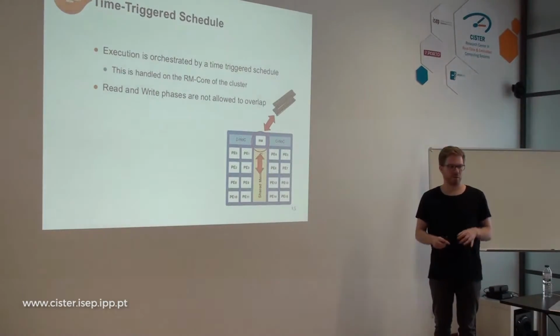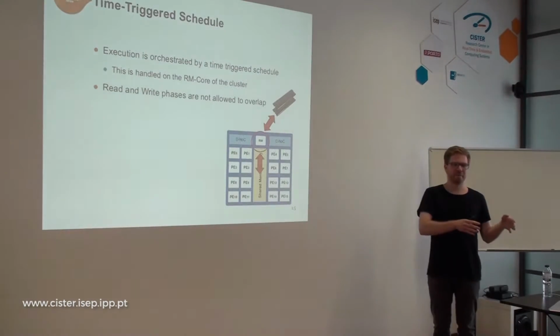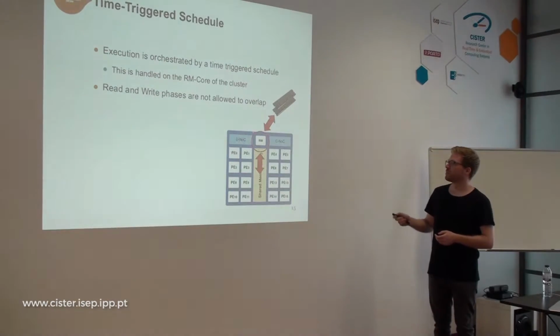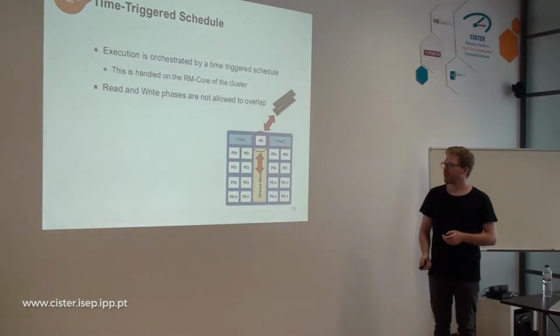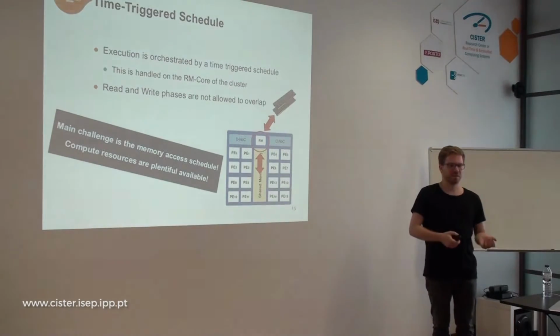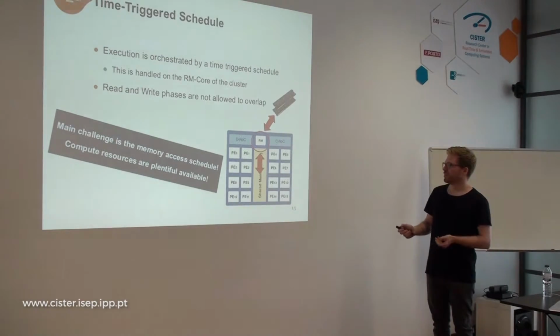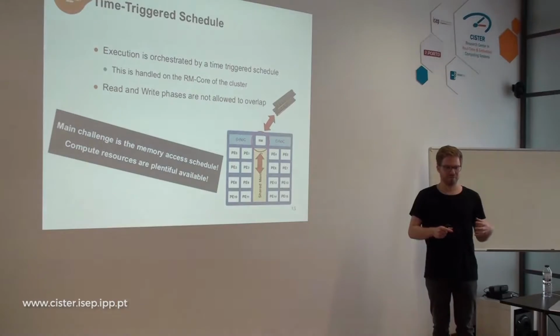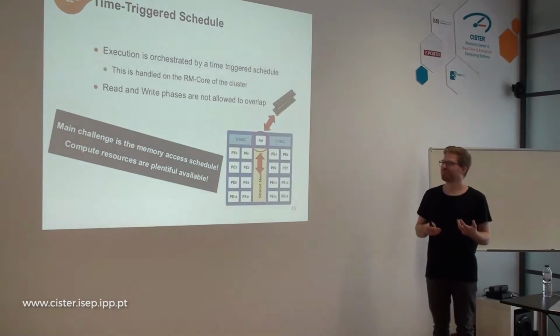So all this copying of labels from the global label bank to the private bank, and copying the code from off-chip to on-chip, is organized by this resource management core. And this is done because the main challenge is the memory access and not the execution, since the cores are plentifully available, whereas the memory is the shared part.